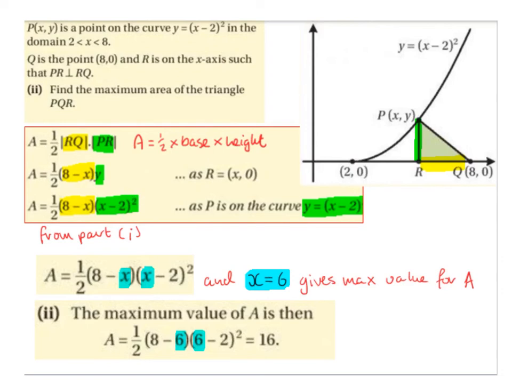So now we're going to swap each of those x's for 6, because x equals 6 will give us a max value for A. We have the maximum value to be a half times 8 minus 6 times 6 minus 2 squared, which gives us 16. So the maximum value for A is 16. So the maximum area of the triangle PQR is 16.